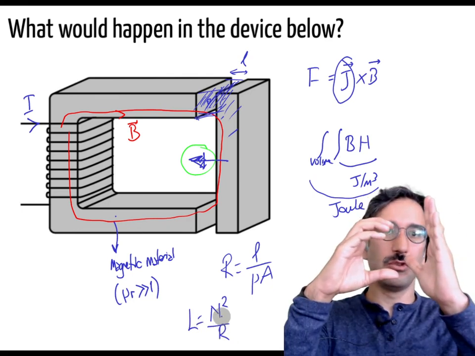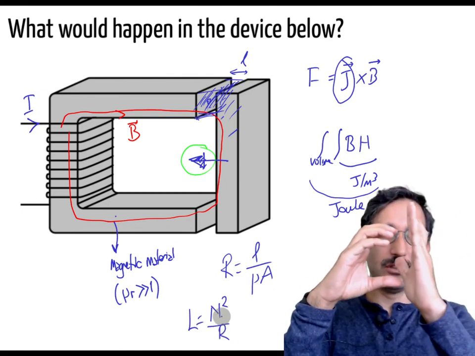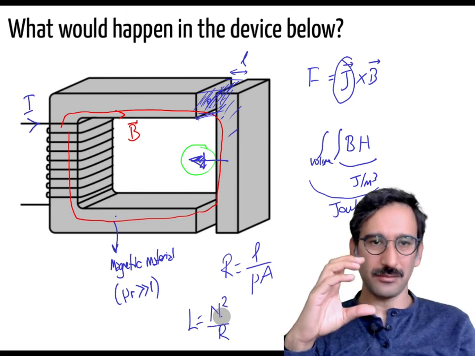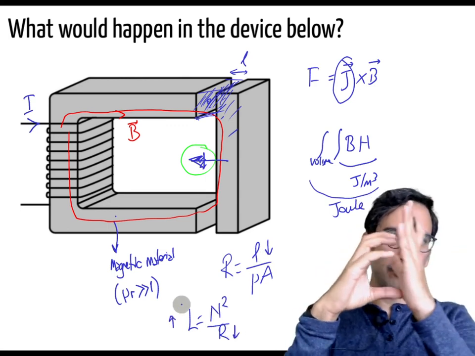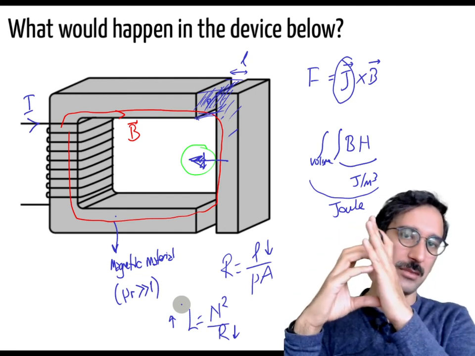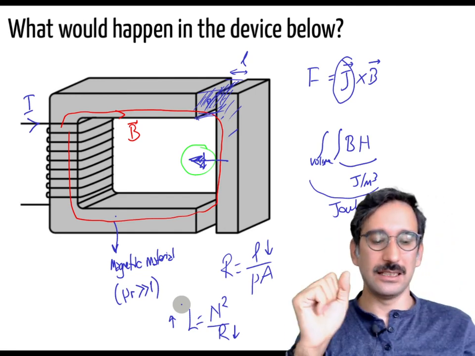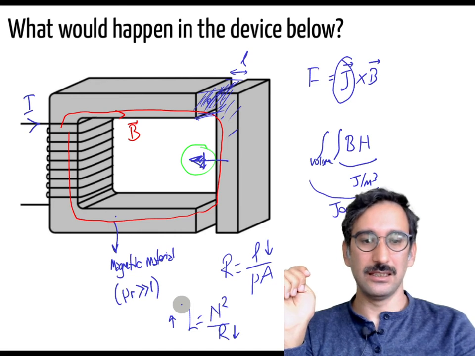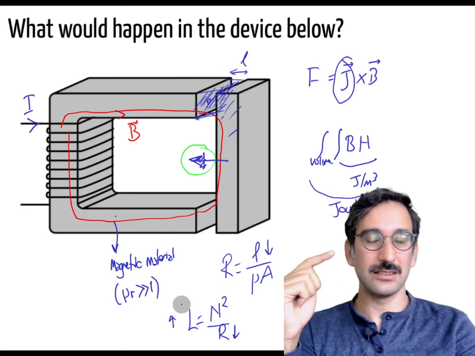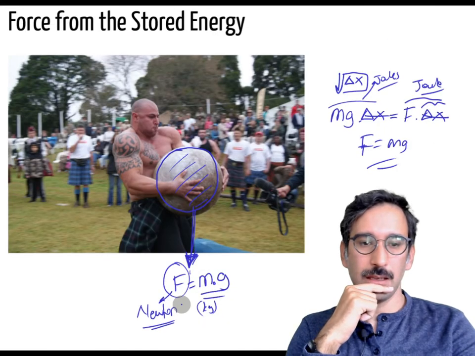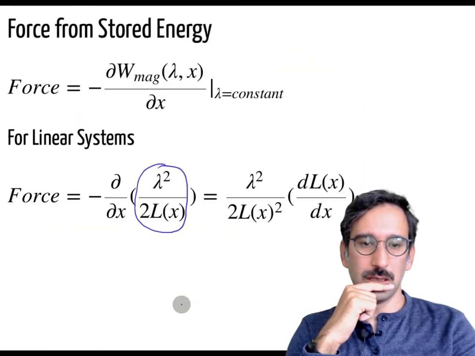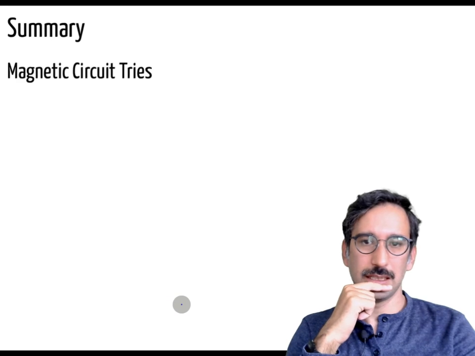As you move the straight item closer to the C-shaped item, the length reduces. As the length reduces, the inductance increases, so it will move in the direction that minimizes the reluctance and increases the inductance. Okay, so those terms are important in that way.